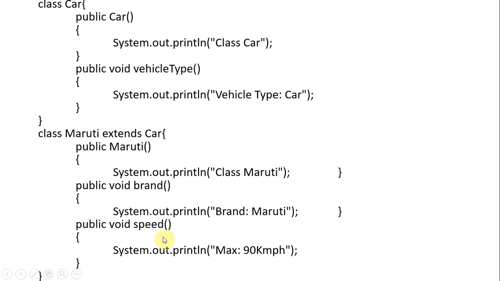Here we have a speed and here also we have a speed. So when we call obj.speed, which method is actually invoked? We already completed the super keyword. If you use super here, the immediate parent class method will be invoked, but we are not using any super concept here.